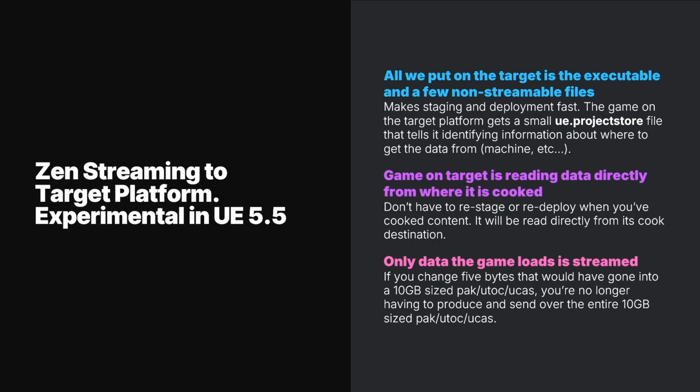As I said, this makes staging and deployment fast. The game on the target platform gets a small file called ue.project_store that tells it identifying information about where to get the actual cooked data from, which machine it's on, port, project identifier, et cetera. And then the game on the target is reading the data directly from where it's cooked. We don't have to restage or redeploy. When you've cooked content, it'll be read directly from its cooked destination.